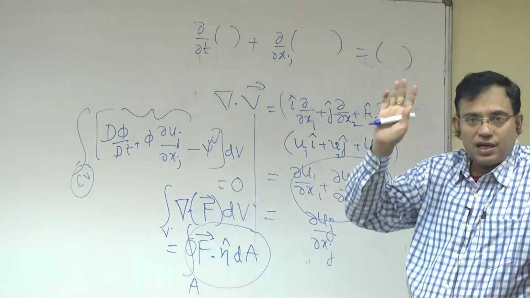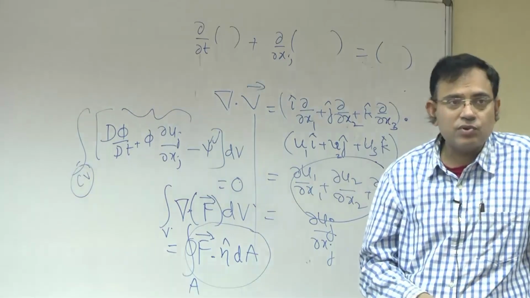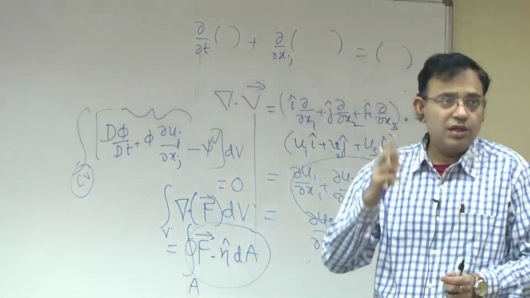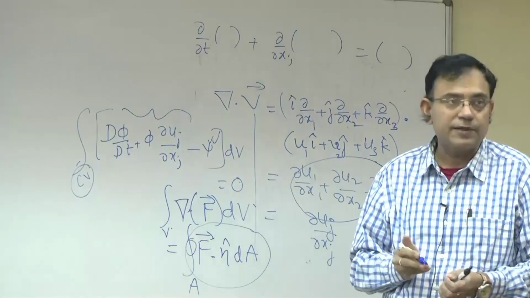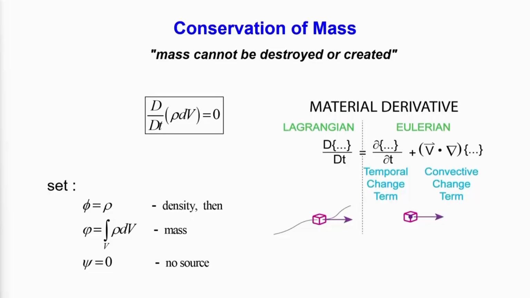That means mass is neither getting created nor destroyed. And this is the law of conservation of mass. Of course, this is not valid when you have mass-energy interconversion, but such relativistic things we are not going to talk about here. So, this is equal to 0.